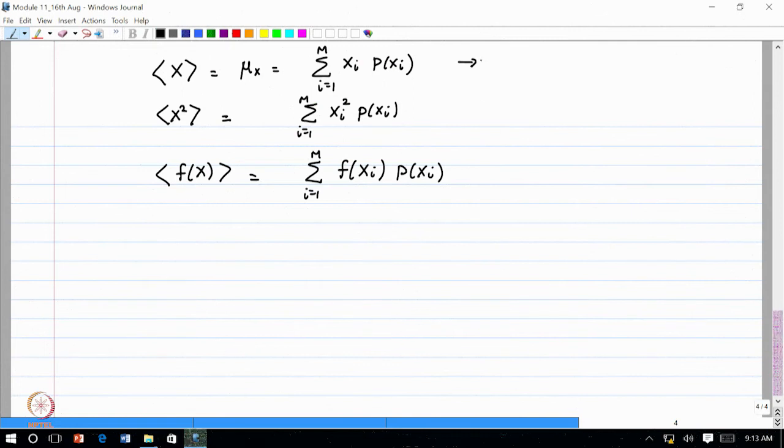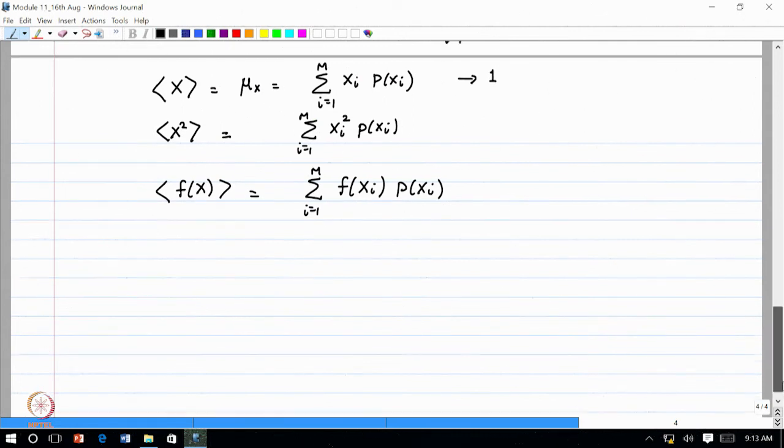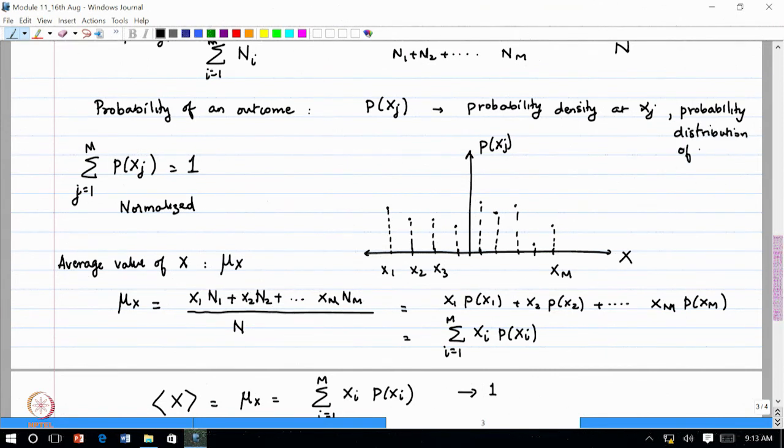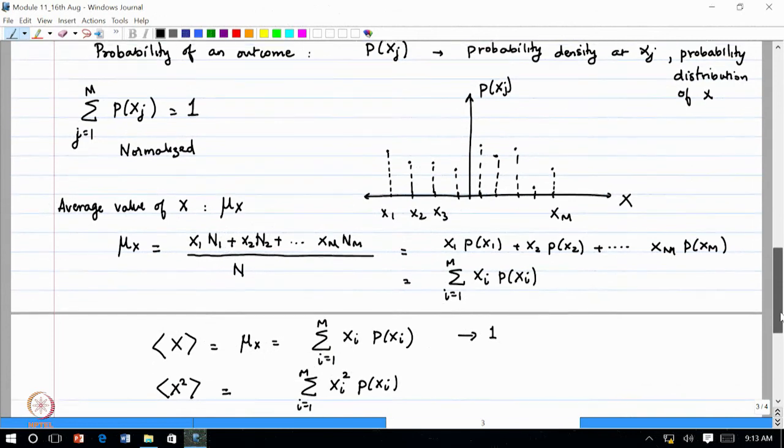So, we will just go back here. p of xi is called the probability distribution of x, or the probability density. So, the set of all p of xi is called the probability distribution of x.